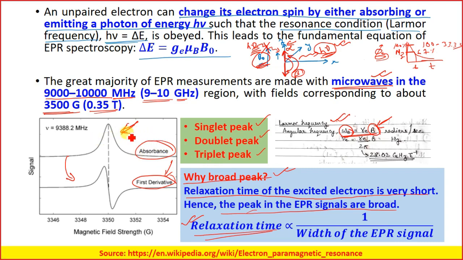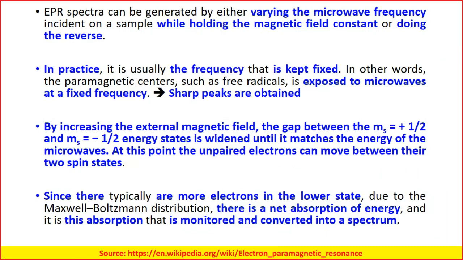That means you apply a first derivative mathematical operator on the absorbance curve, which gives you a somewhat sharp peak, which may then be analyzed. Just like NMR spectroscopy, EPR spectra can also be generated either by varying the microwave frequency incident on the sample while holding the magnetic field constant, or by doing the reverse.